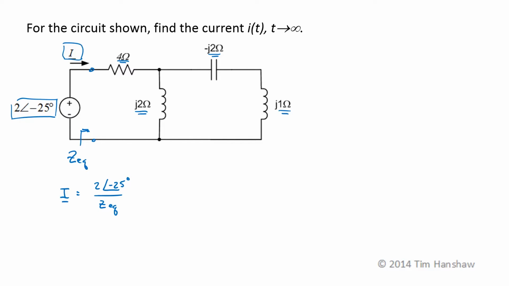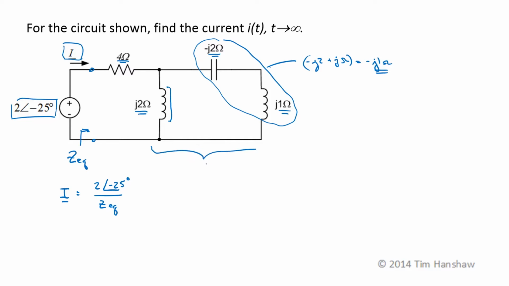Okay, let's find ZEQ. As I mentioned, these two are in series, so their equivalent impedance is minus j2 plus j ohms, which is just minus j1 ohm. Then that impedance will be in parallel with this one, so on this side of the circuit, its impedance is j2 times negative j1 over the sum of the two, j2 minus j1. j times negative j is just 1, so this becomes 2 over j.